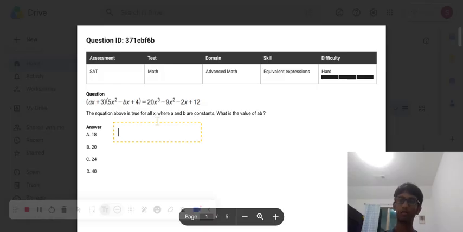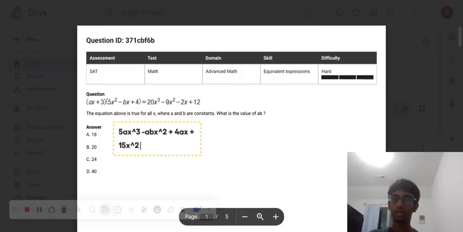So ax times 5x squared is equal to 5a x to the third, plus ax times negative bx, so that's minus abx squared, and since this is plus of negative, you can just say minus, plus 4 times ax, so 4ax, plus 3 times 5x squared, so that's plus 15x squared, plus 3 times negative bx, so minus 3bx, plus 4 times 3, which is 12.